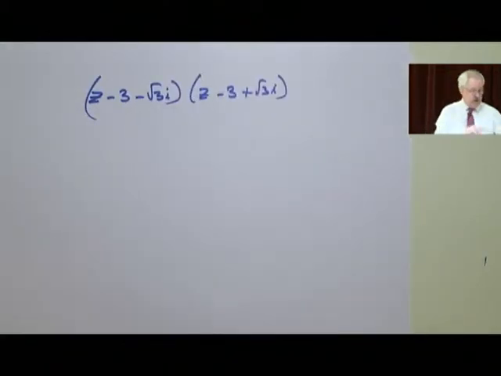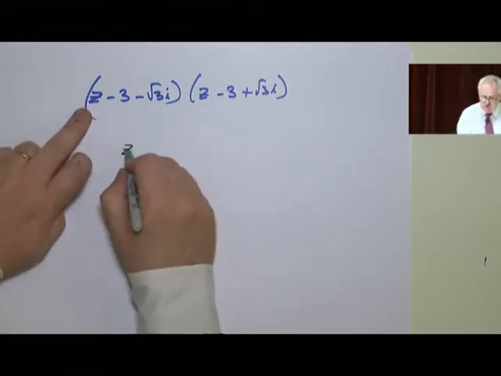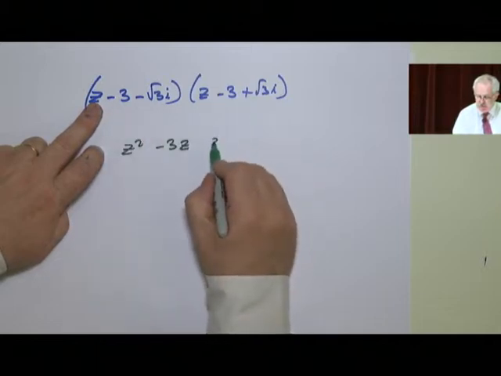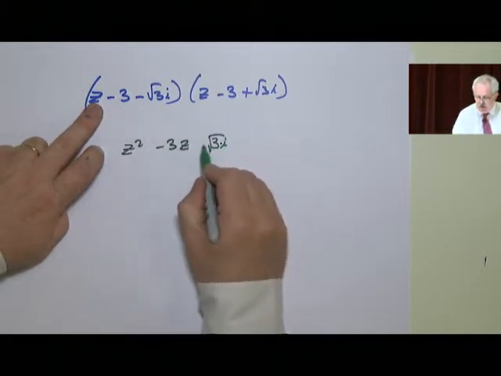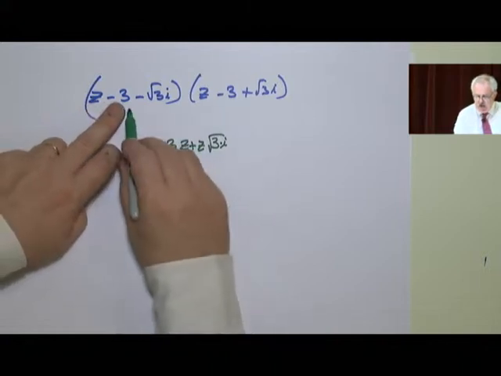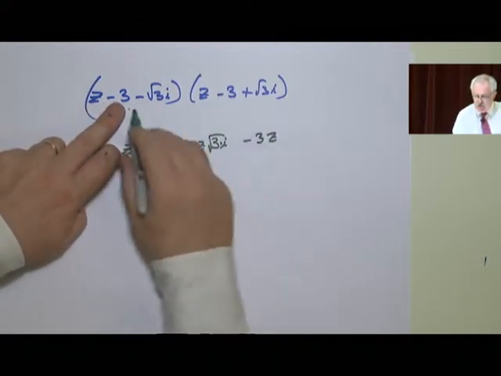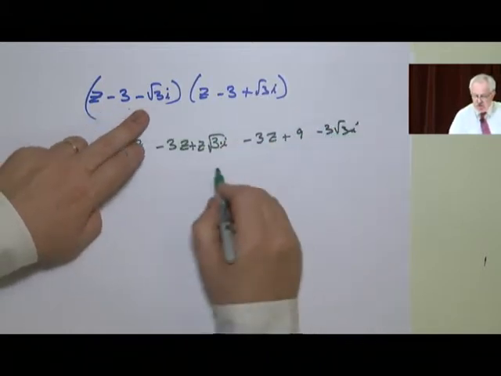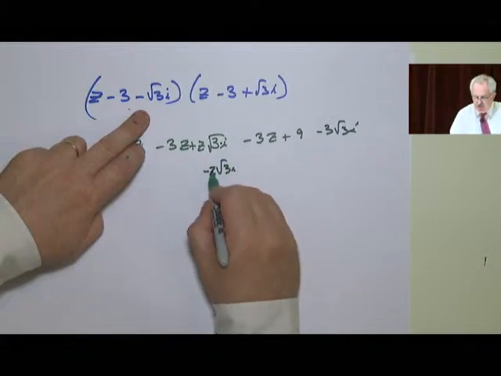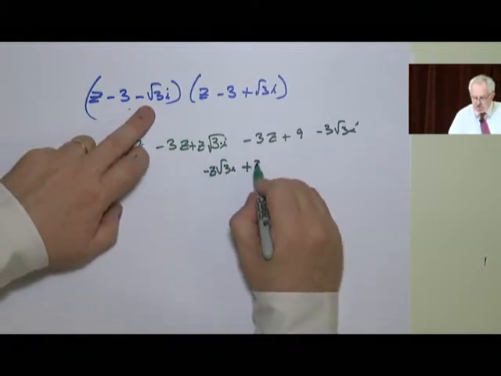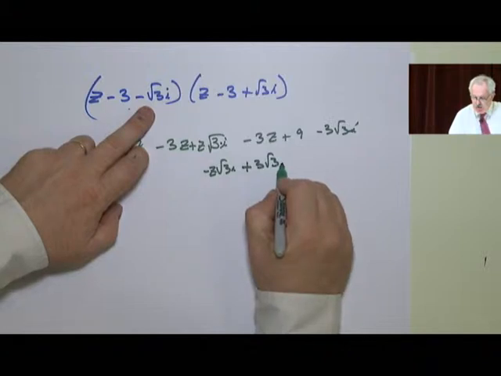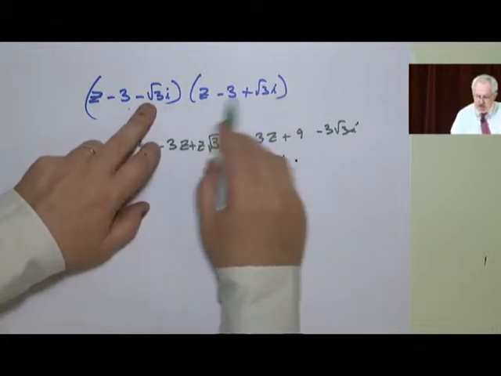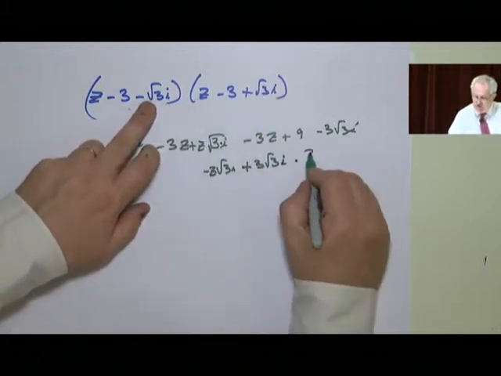I could work that out. z by z is z squared. z by minus 3 is minus 3z. z by root 3i is root 3i z. Minus 3 times z, plus 9, minus 3 root 3i, minus root 3i z, plus 3 root 3i, and minus by minus is plus, i by i is minus 1, root 3 squared is 3.